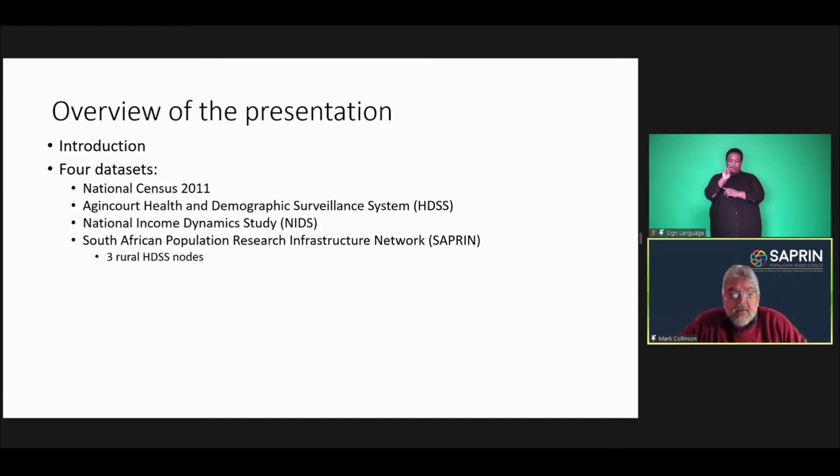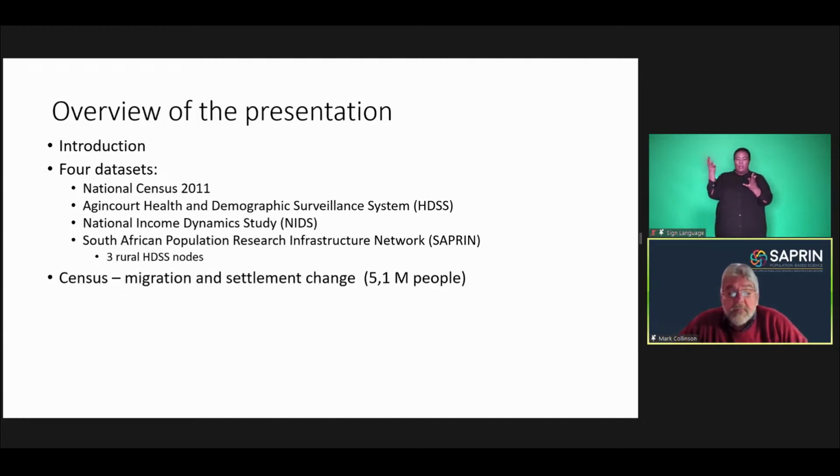Then SAPRIN is a relatively new structure for this kind of conference. I'm looking forward to showing you the results of 3 HDSSs that have been harmonized across the South African Population Research Infrastructure Network. There are 3 rural nodes, which I think will complement and help us in our discussions.